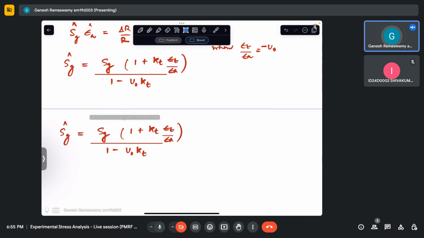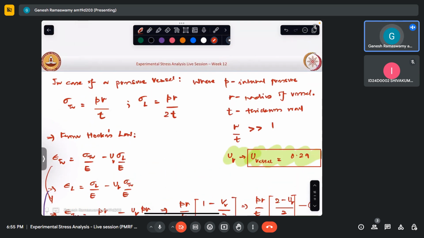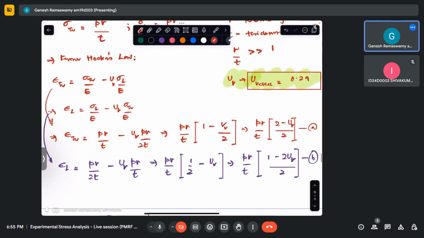So we have the gauge factor as 2 into 1 plus Kt, which is given to be 1.1% in this question.